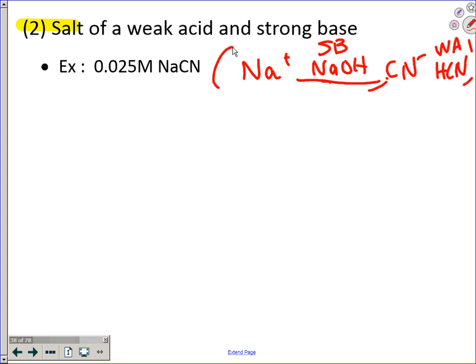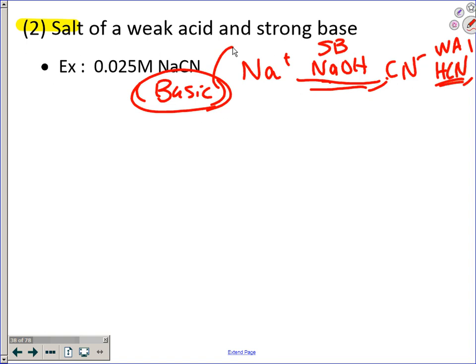So we know it's a salt of a strong base and a weak acid. So from that, the parent acid being weak and the parent base being strong, we already know the salt is going to be what? Basic. So that prediction power allows us to check our work later. So it's nice to write that up front so we can compare later on.